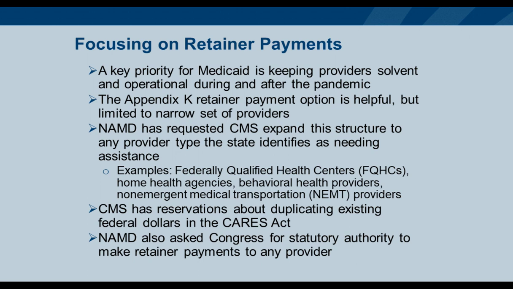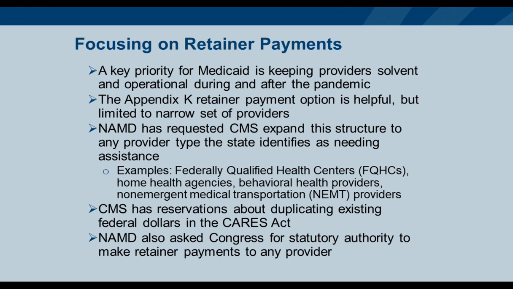So the Appendix K retainer payment structure is a helpful option, but it doesn't reach all the providers that we're thinking about, because we're thinking about federally qualified health centers, we're thinking about behavioral health providers, substance use disorder providers, opioid treatment providers, non-emergency medical transportation providers, school-based health service providers who can't provide services because schools are closed, as a non-exhaustive list. There are a number of others. We're hearing concerns from pediatricians and children's hospitals. The need is quite acute and across a number of sectors.